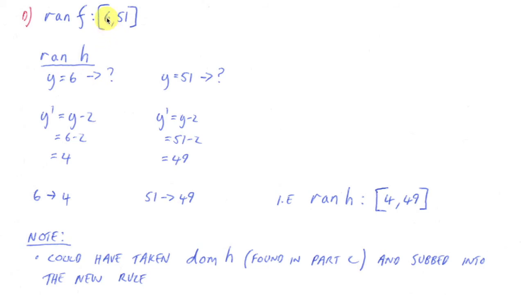So the original y value was 6, so 6 take away 2 is 4. So the 6 has been moved to a 4. Now 51. Y prime is equal to y minus 2, so 51 take away 2 is 49, so the 51 has been moved to a 49. So our range for our h of x function is from 4 to 49, including the 4 and including the 49.